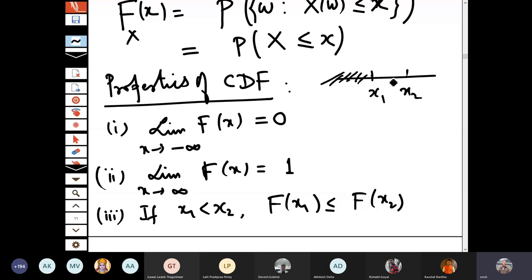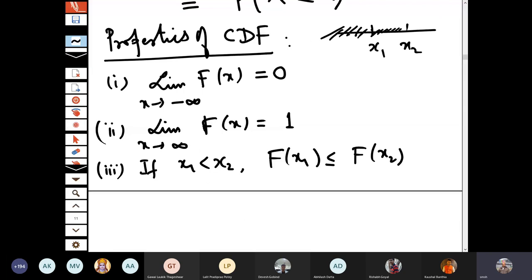If x1 is less than x2 and I look at the probability of X less than or equal to x2, then I have added some more points. If some of them have positive probability, then F(x2) will become greater than F(x1). Even if they don't have any probability, then F(x2) will be equal to F(x1). So in general, F(x1) will be less than or equal to F(x2).